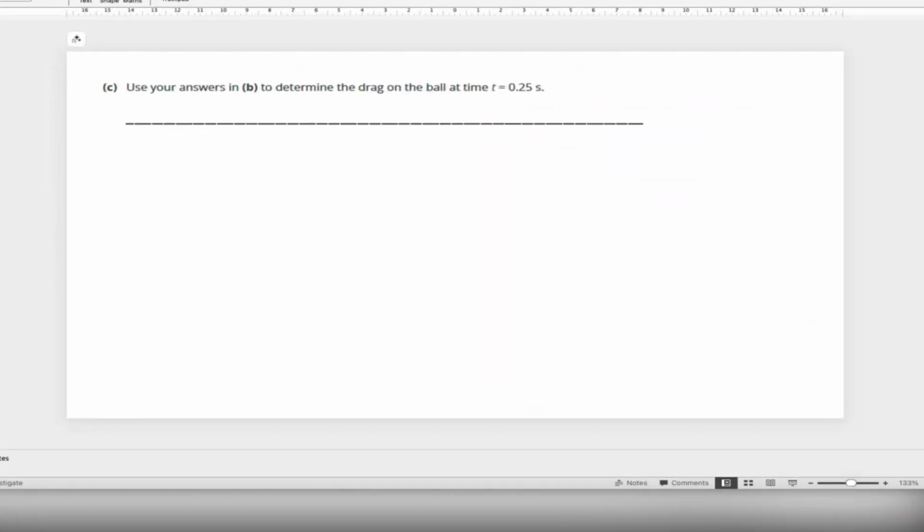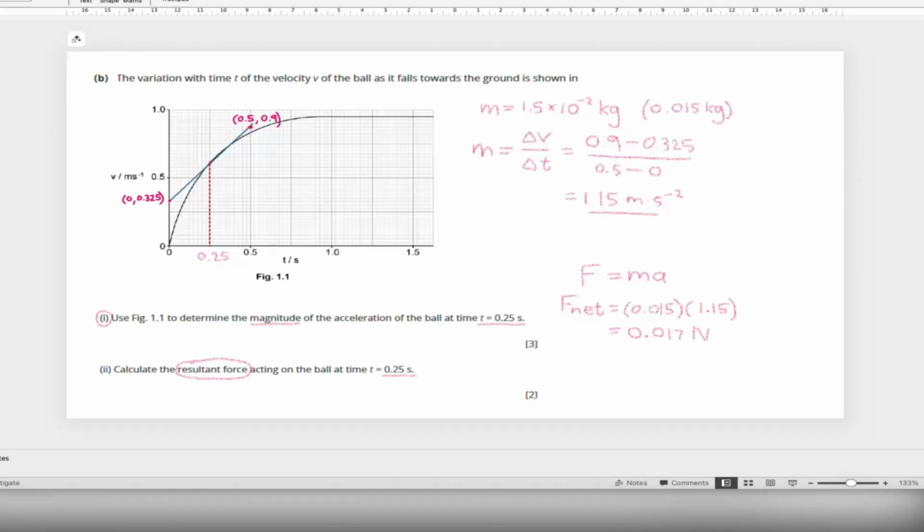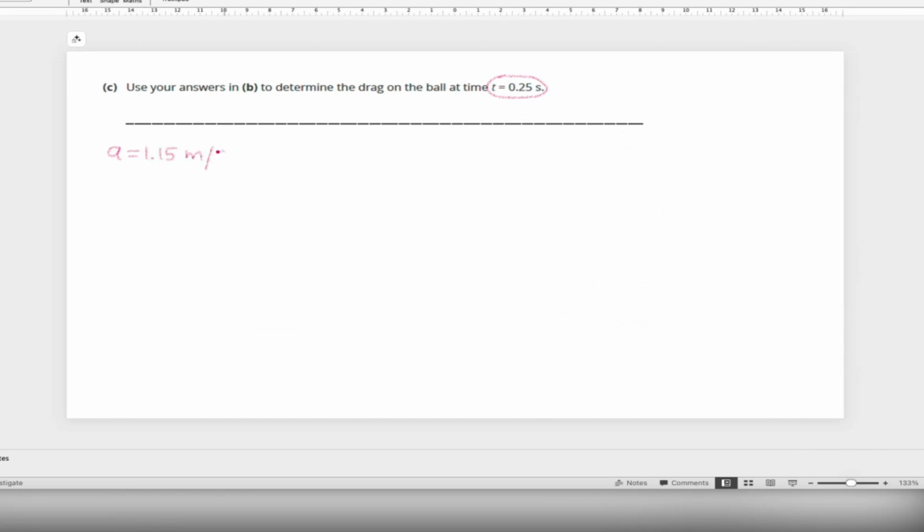Let's have a look at part C. Use your answers in B to determine the drag on the ball at 0.25 seconds. How can we go about calculating the drag? We know that the acceleration is equal to 1.15 meters per second squared. And we know that the resultant force is equal to 0.017 Newton.